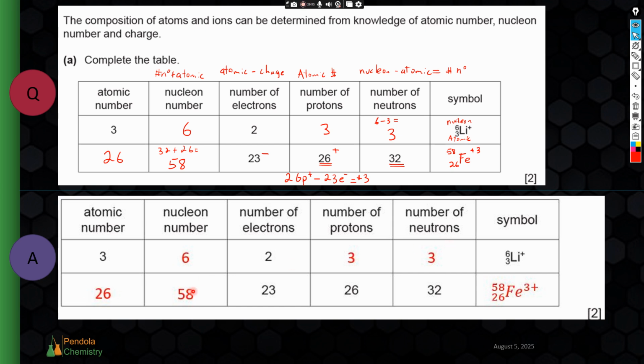Then the second line: 26, 58, and then the symbol. Have we forgotten the +3? Have we used the wrong symbol? Even if we had put a lowercase f instead of a capital F, which is not the appropriate symbol for iron, we would not have gotten the point in that line. So you have to be very careful with how you write on these questions for the Cambridge exams.